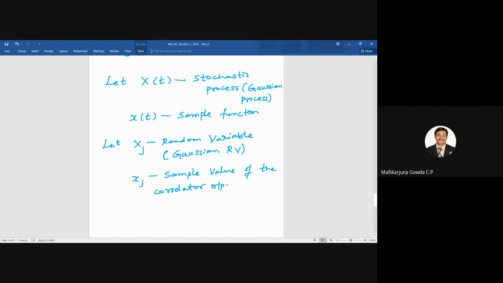The value of j can vary from 1 to n, where j is equal to 1, 2, and so on up to n.